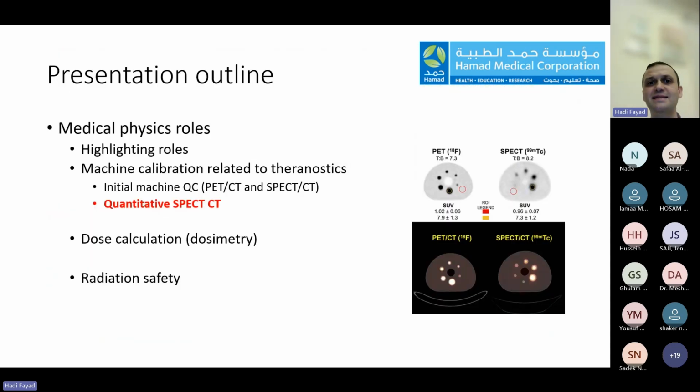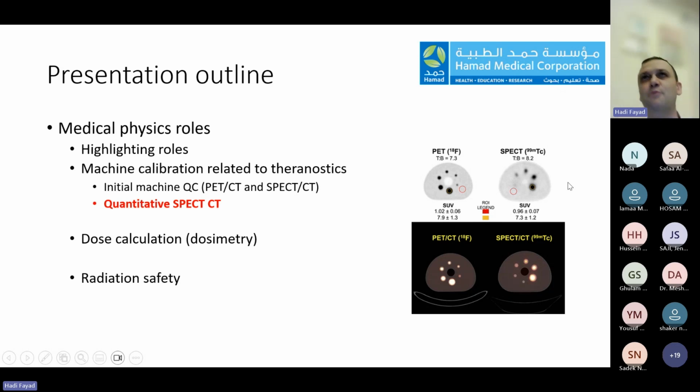So now, once the machine is accepted, or it's an old machine where we follow up with different quality control, I will go to a second step, which is quantitative SPECT-CT. As you can see, usually in PET, whenever you are doing a task, be it a phantom or patient task, what you obtain at the end is some quantification, so an SUV value, which in most cases is not like that in SPECT.